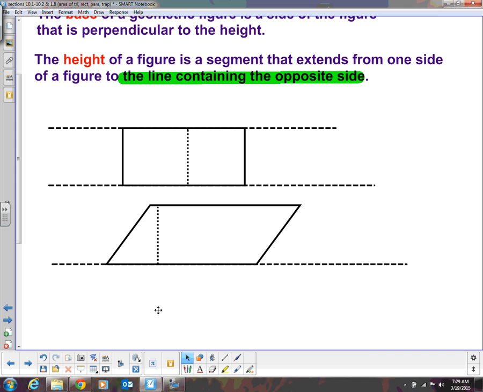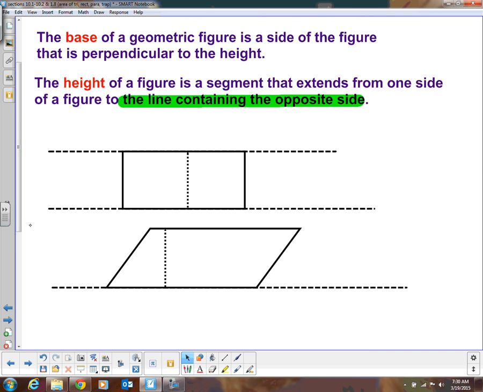What is the relationship between any base and any height? Perpendicular. So in this figure, this is the base. This is the height because this relationship is what? Perpendicular.